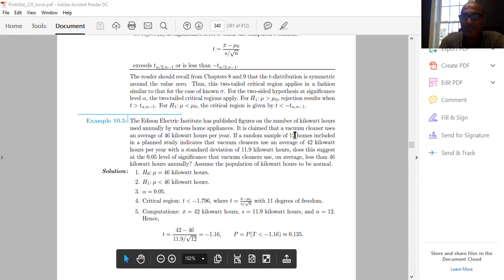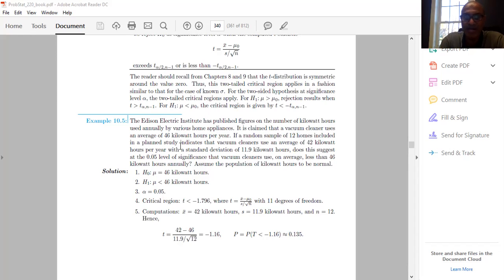A random sample of 12 homes, so n equals 12, is included in a study and indicates that vacuum cleaners use an average of 42 kilowatt hours per year, with a standard deviation of 11.9. That is your sample standard deviation, small s.